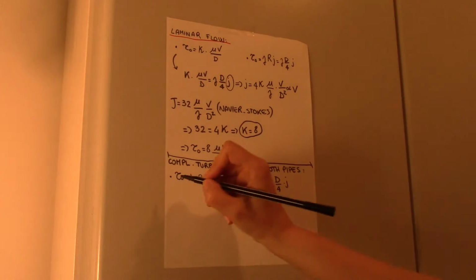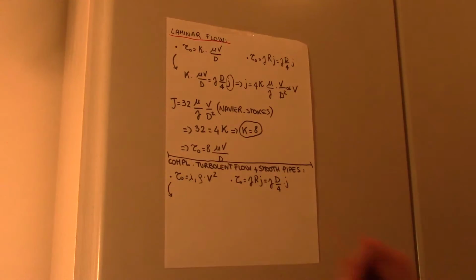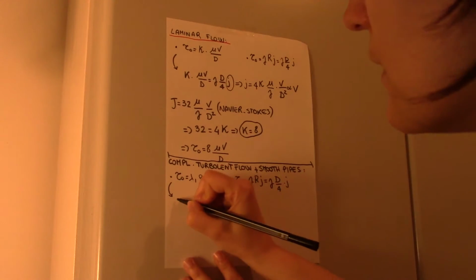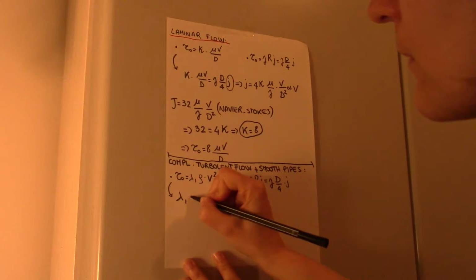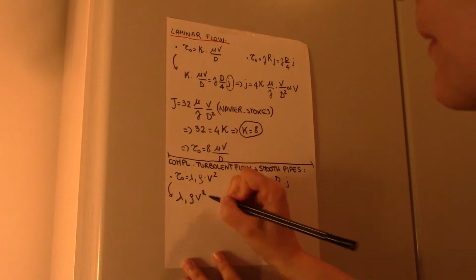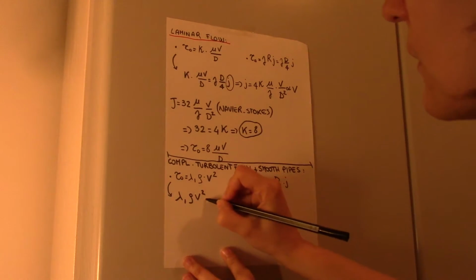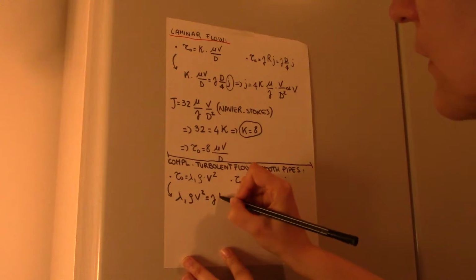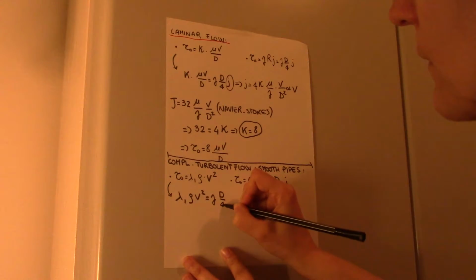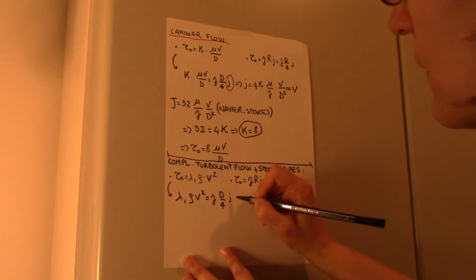Let's compare these two. We get that lambda 1 rho v to the power of 2 is equal to gamma d over 4 j.